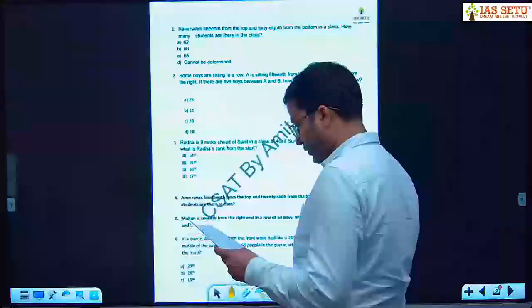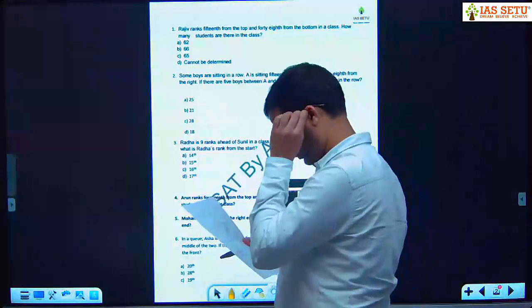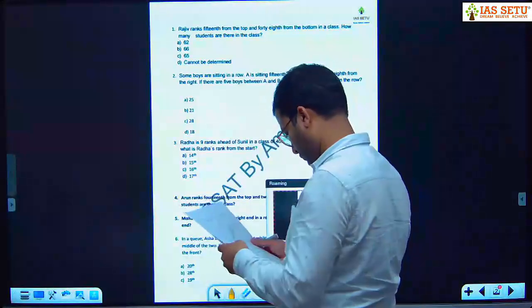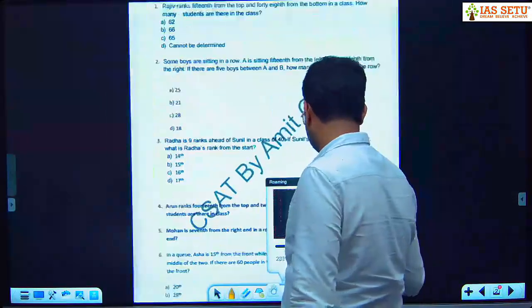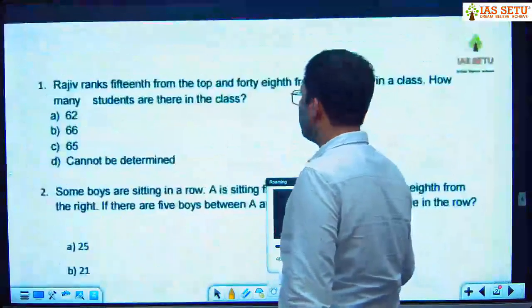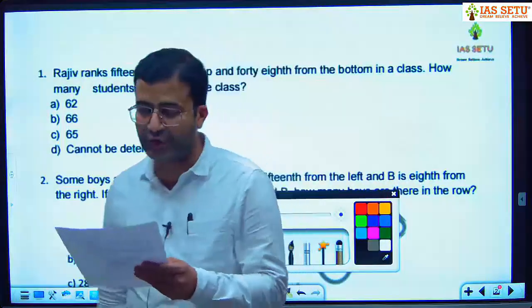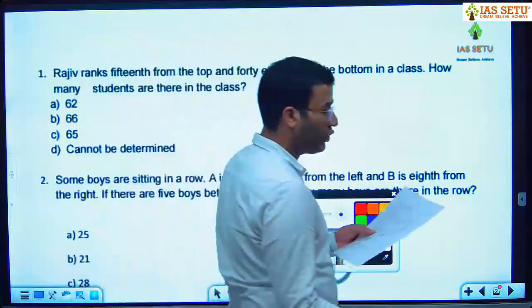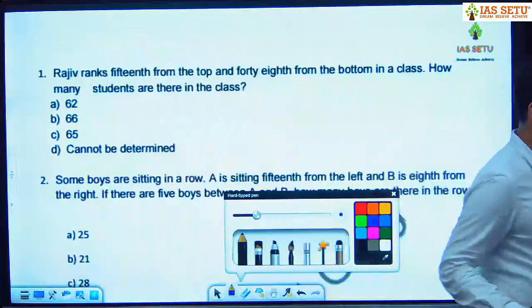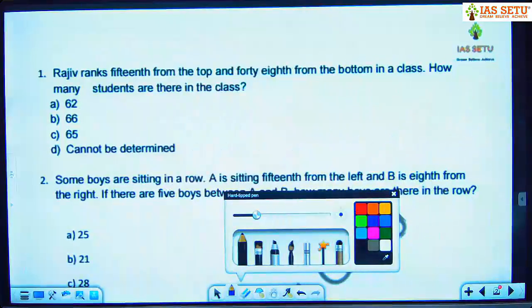Question number 1. Rajiv ranked 15 from the top and 48 from the bottom in a class. How many students are there in the class?